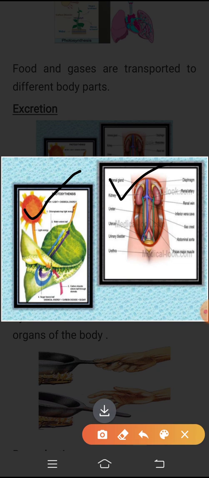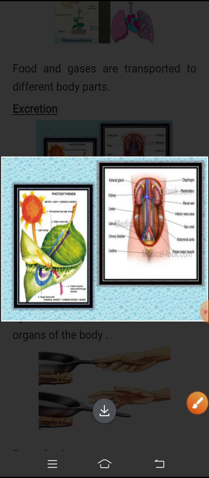This is the picture of a human being, who is also considered an animal. Both in the plants as well as the animals, excretion takes place, meaning the removal of waste products takes place, but their methods are different.